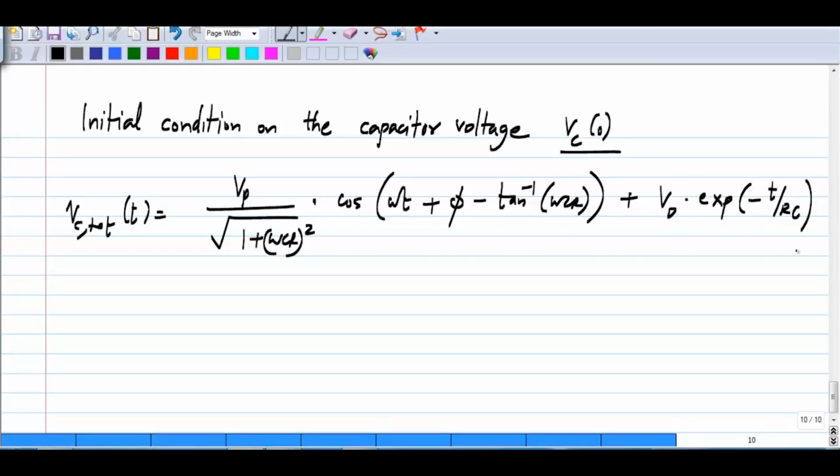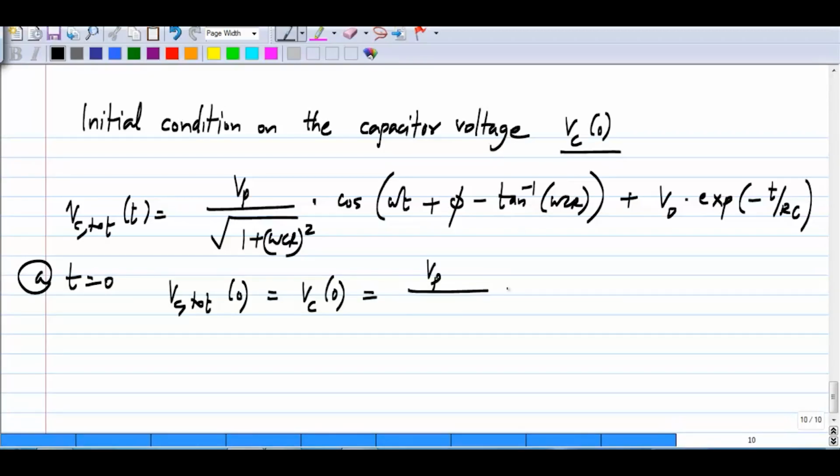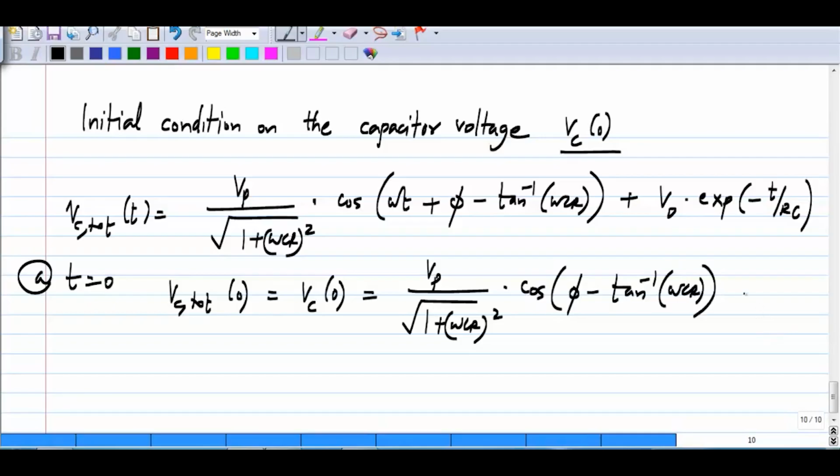Okay. Now we substitute t equals 0 and we find Vc total of 0, which has to be equal to the initial condition that is given, Vc of 0, and that's equal to, substituting t equals 0, Vp by square root of 1 plus (omega CR) squared, cos(phi minus tan inverse omega CR), plus V0.